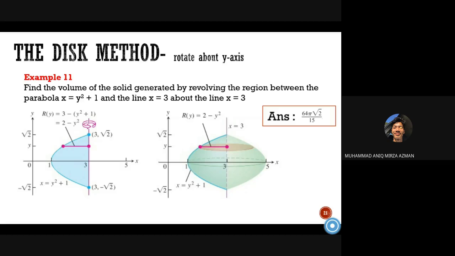Macam example 11 ni, the curve is like this, and we rotate about the line x equals to 3. So you dapatlah bentuk macam gasing macam ni and we slice it into this. So daripada situ kita nampaklah area tu, volume of a disc, kita tambah each of the discs ni, it will somehow become the volume of this solid.